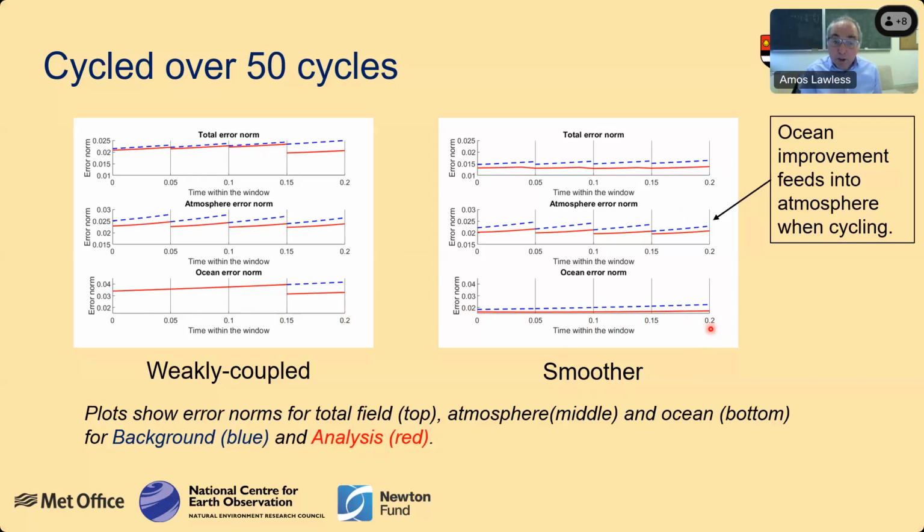But also importantly, because we're cycling, the ocean improvements from one cycle can feed into the coupled simulation in the next cycle to calculate the innovations in the background. And so we also then feed into improving the atmosphere, and we see a small improvement in the atmosphere when we're cycling over the 50 cycles. Small but significant improvement. So doing this smoother is also feeding into the atmosphere.